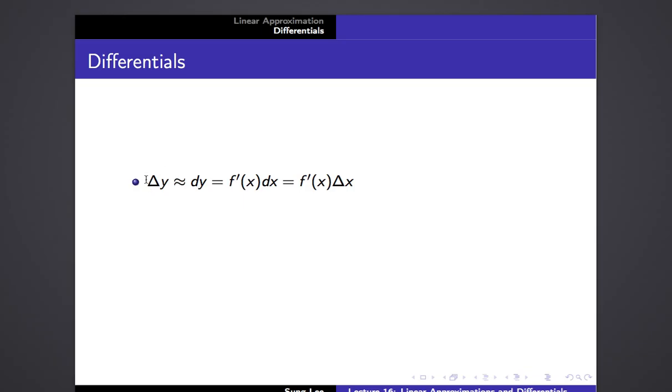When you use differentials, delta y is the actual quantity, which is not easily calculated. That's why we need approximation. On the other hand, the right-hand side is the approximation, which can be easily calculated.